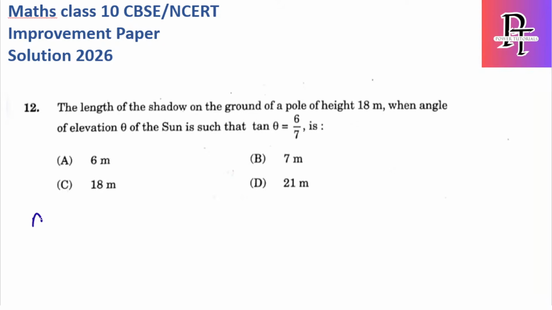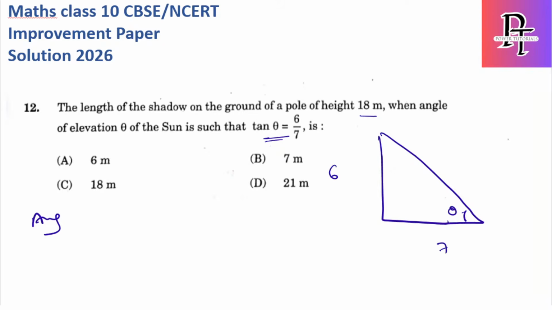Let's move to the 12th one. The length of a shadow on the ground of a pole of height 18 meters when the angle of elevation theta of the sun is such that tan theta is provided. So suppose this is the theta they are referring to, the elevation, and they are saying this by this is 6 by 7, whereas the actual height is 18 meters.